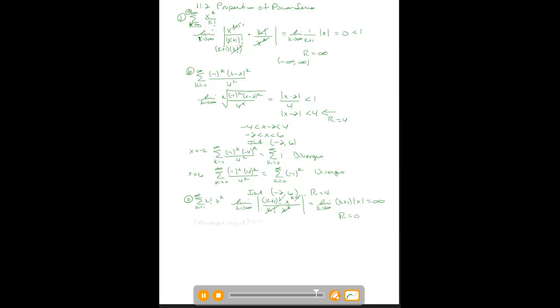There's no place where it's going to work except for exactly at that single point where x equals 0. So this one has a radius of 0. There's no interval because it's just a single dot. It only works at x equals 0. That's the only place this series is going to converge.